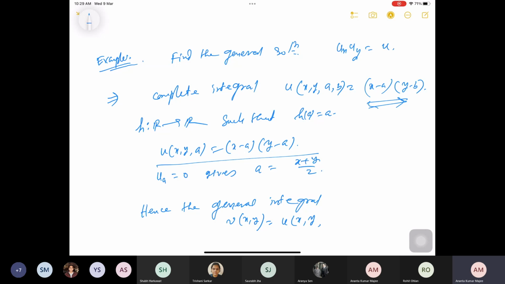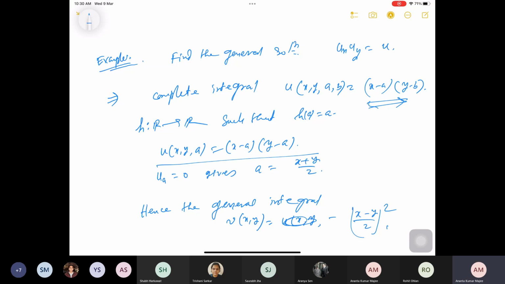So from here, x − a and y − a, and a is actually (x + y)/2. So this is nothing but −((x − y)/2)², is it not? Because x − a, and then y − a, so from there you have −(x − y)²/4.